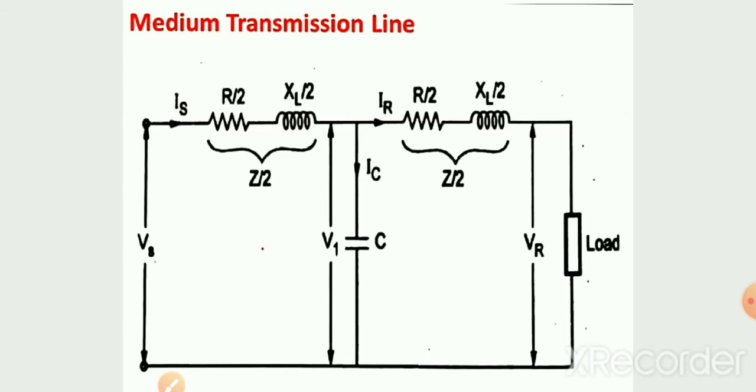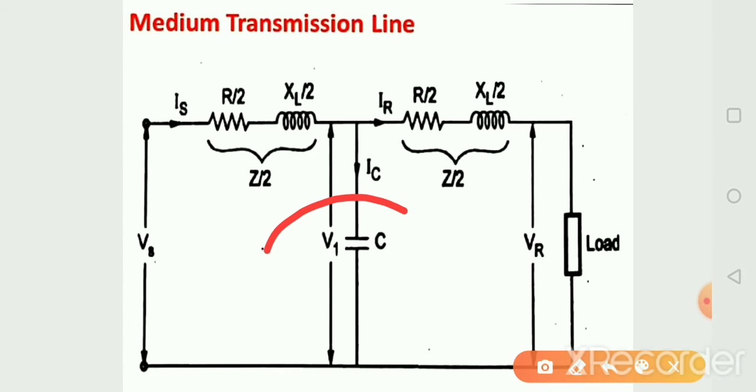here in the case of the T model of the transmission line, we analyse the medium transmission line. The total line capacitance is assumed to be lumped or concentrated at the center of the line.